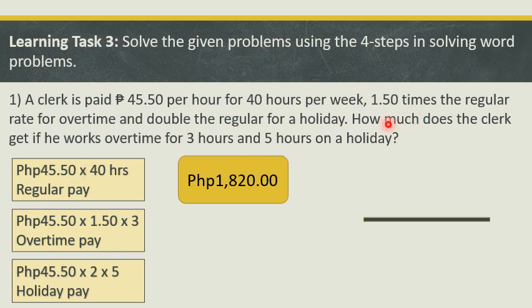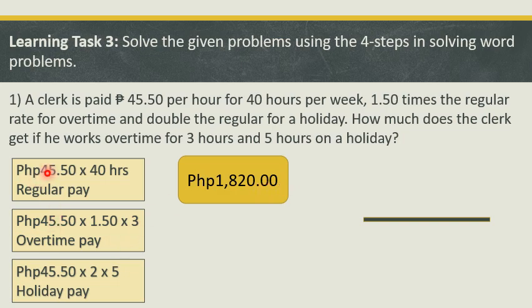Now, ang tanong kasi dito, how much does the clerk get if he works overtime for 3 hours? So, 3 hours sa overtime. Ang overtime ay mas mataas ng 1.50 times the regular rate. So, mas mataas dito ng 1.5 times. Okay, so paano yun?